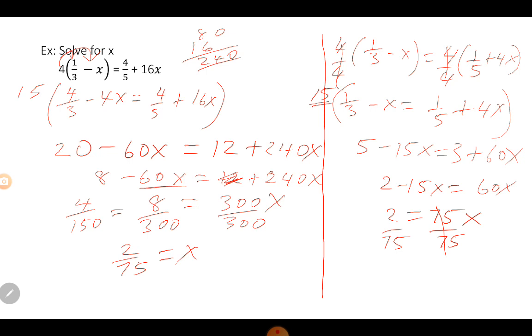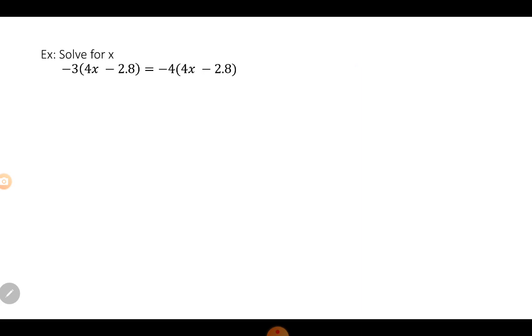Okay, let's look at our next example. So here again, we could use distributive property on both sides. Using distributive property, we'll have 3 distributed on the left and a minus 4 distributed on the right.